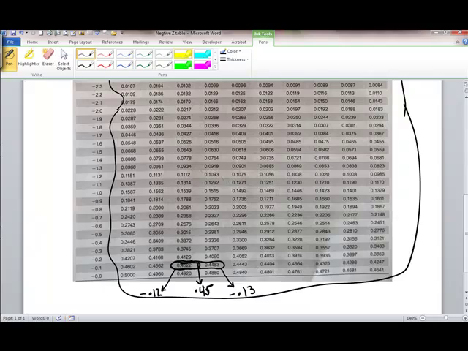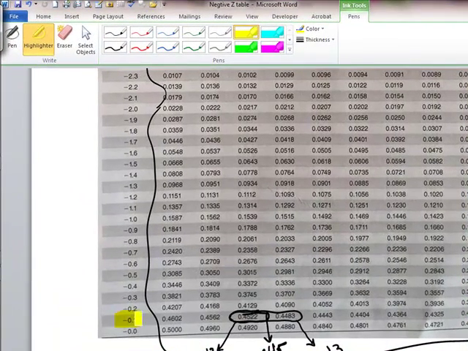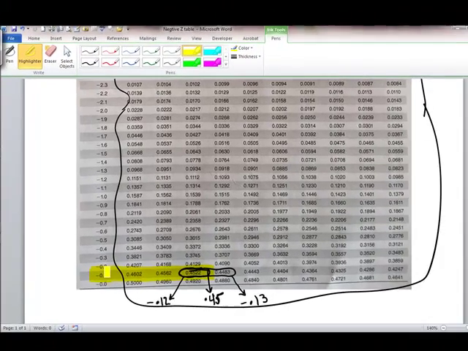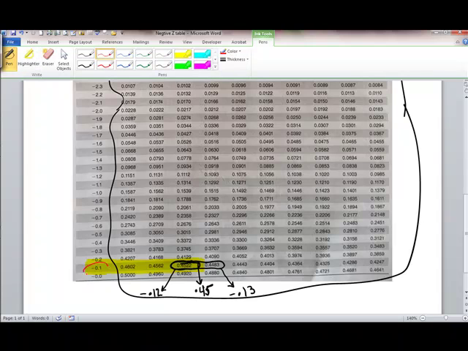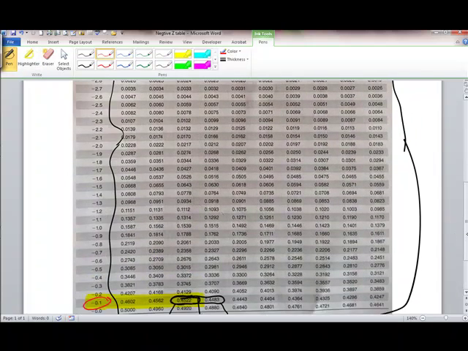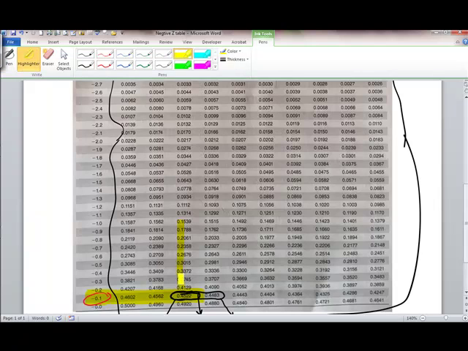How I know that is I go to the left edge of the table, and I find negative 0.1 right here. And then I follow those two columns all the way up to the margin values.